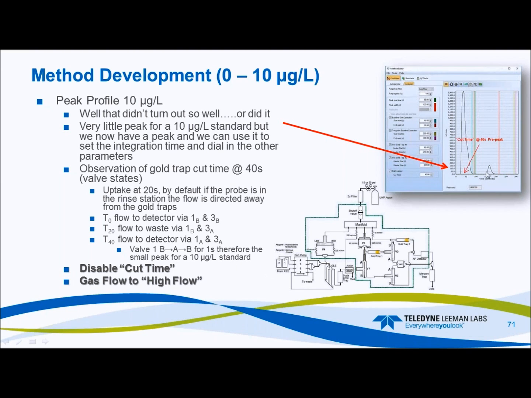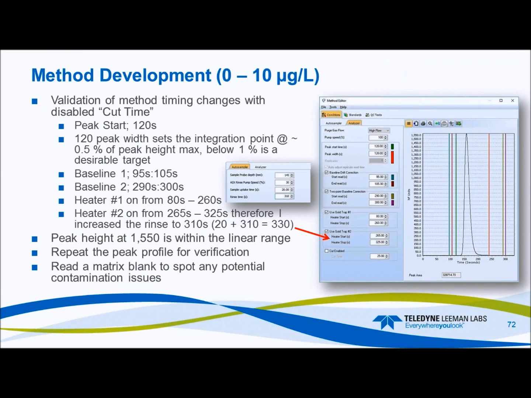Therefore, a very small amount, 1 second worth of mercury, was loaded onto that gold trap, and that was during the wait time. So that's not going to be my true value. That gave me an indicator that I need to disable the cut time and change the gas flow to high. So I did that, reread the peak profile, and voila, got a nice peak.